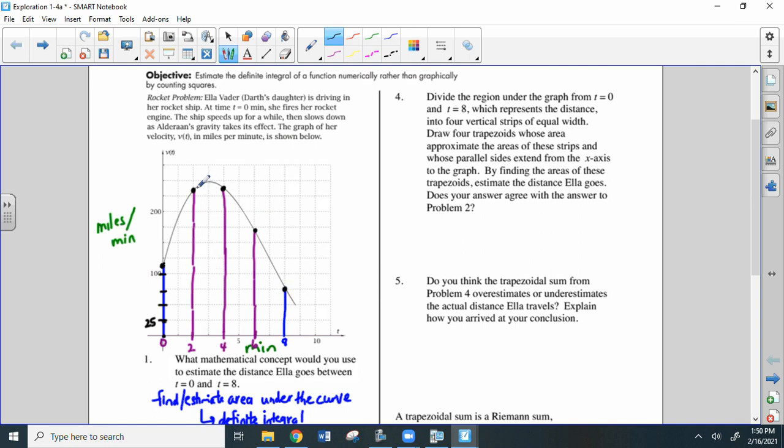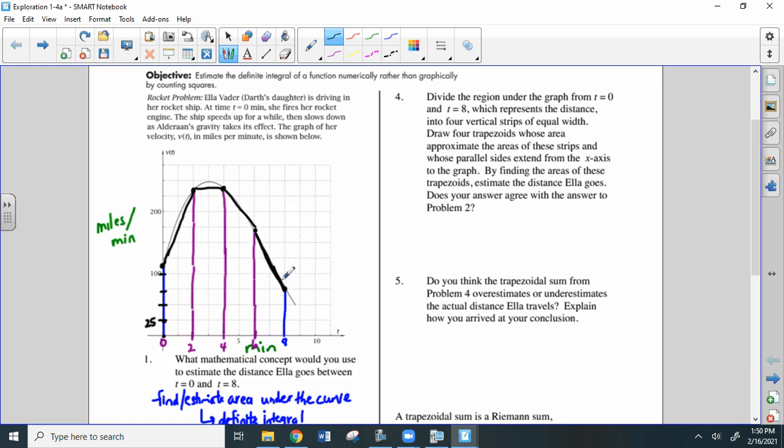And so I'm going to connect my points, basically, with a diagonal line, or in some cases, we might have to go straight across. But we're making trapezoids. So these are not supposed to be tracing the curves exactly. They are supposed to be straight, the best you can on your paper.